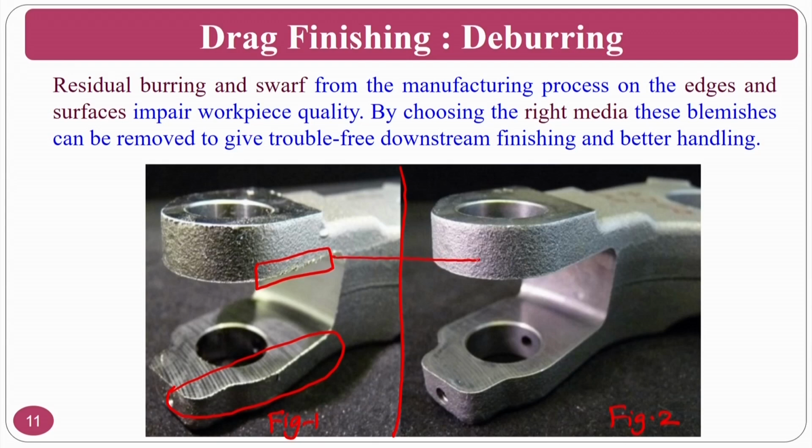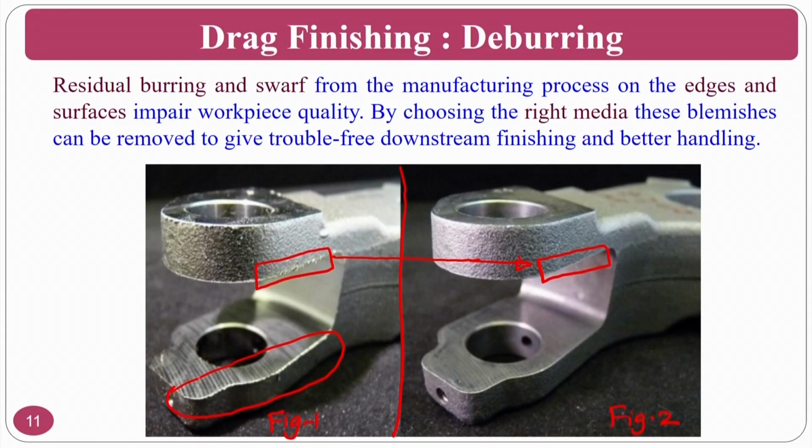If you see the surface, it is properly finished, and this is the beauty of the drag finishing process. All these burrs are removed using drag finishing. This is removing burrs from an existing pre-machined component. Assume people might have used a milling cutter, because there are scratch marks or feed marks like this.